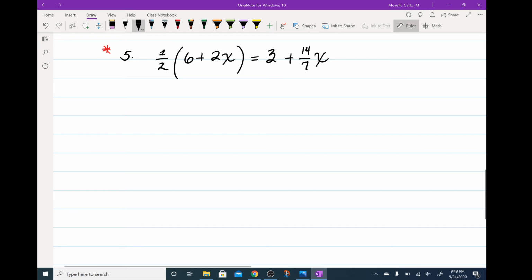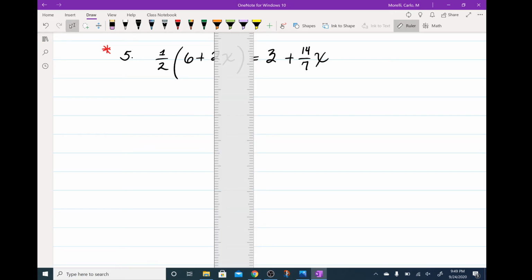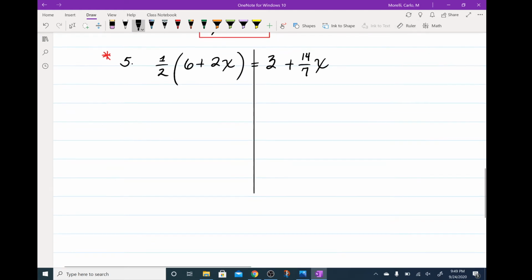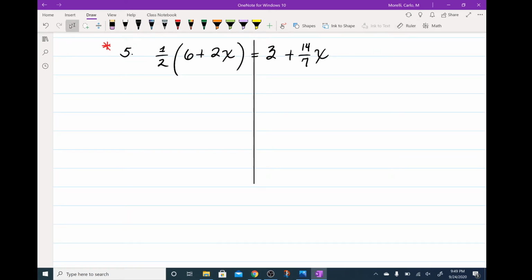First things first, we come in with the ruler. I sound like a broken record with the ruler, but it's really helpful. Now, remember, it's 1/2 times this whole mess here. And so what we really do is 1/2 times 6 plus 1/2 times 2x.